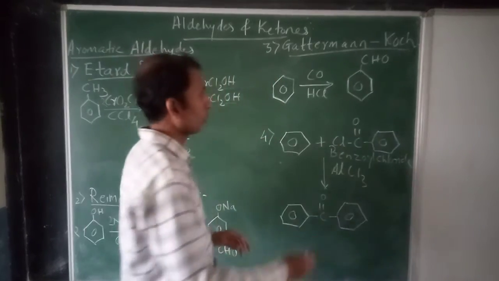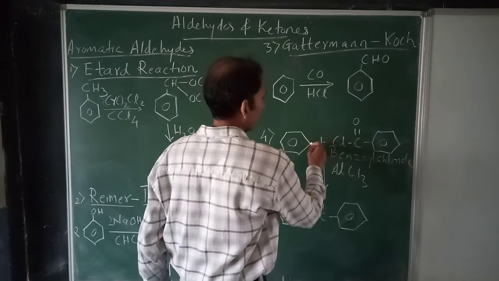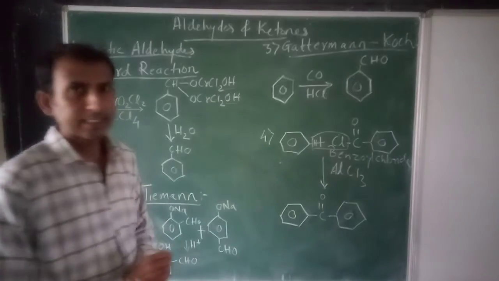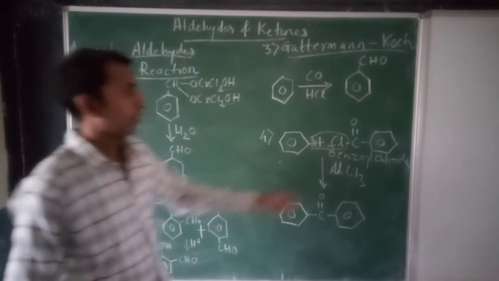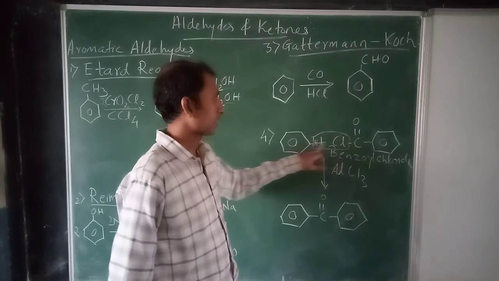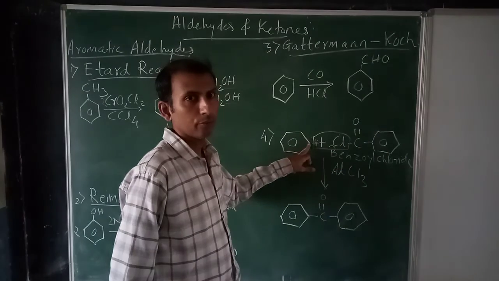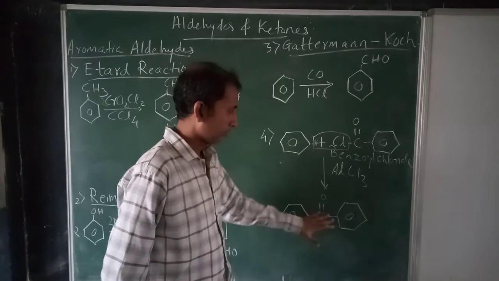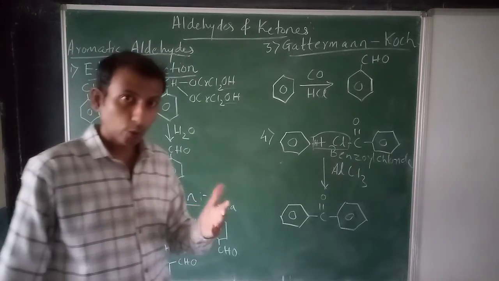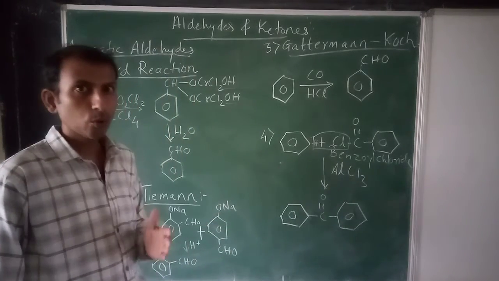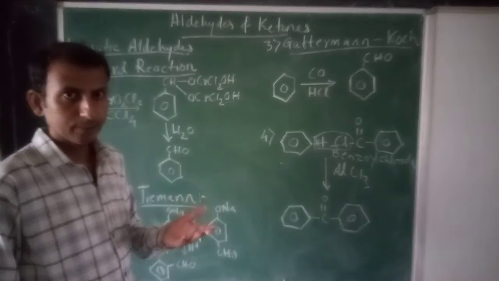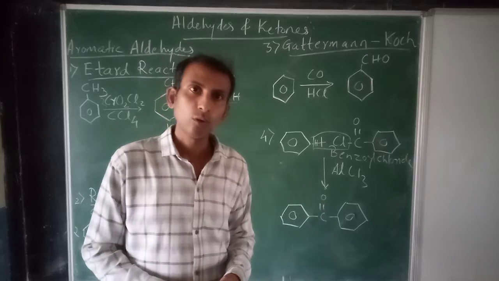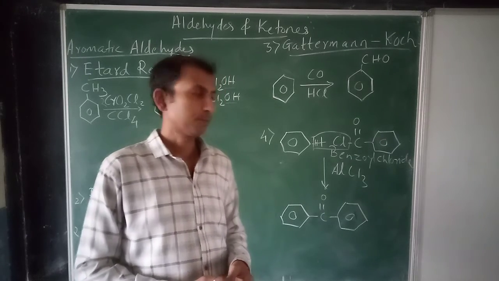So what happens here? This Cl and one H from here will form HCl, and this carbonyl group gets attached to this carbon of benzene. So we get this product which is a ketone, and the name of this ketone also you know, we have already studied. This is benzophenone, which is a ketone.